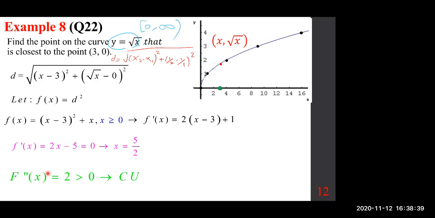So we want to find the point on the curve that is closest. So if x is 5 halves, the point is x and square root of 5 halves.